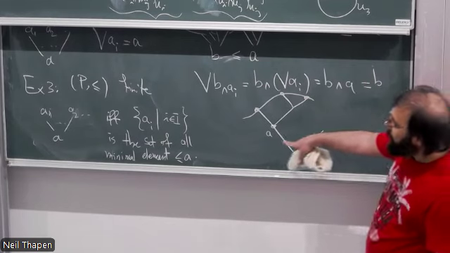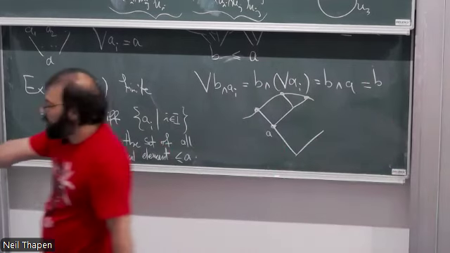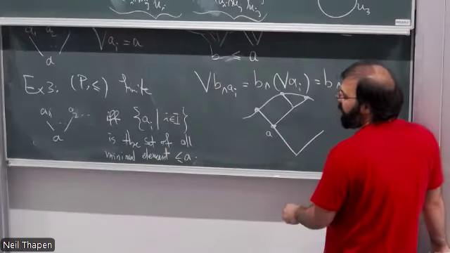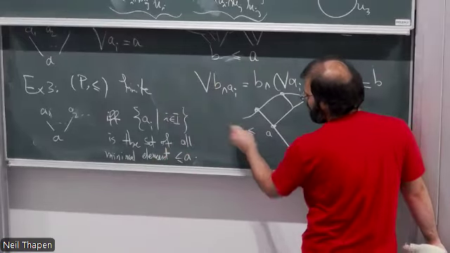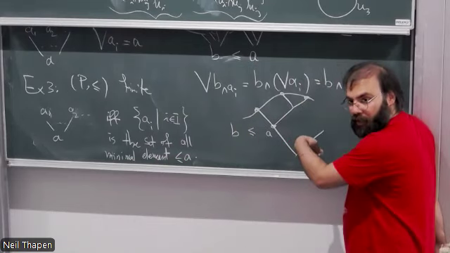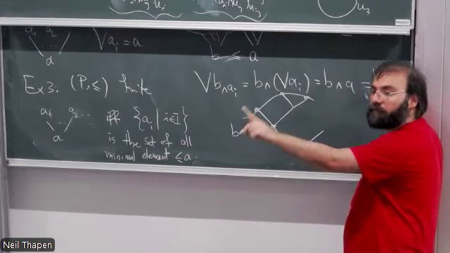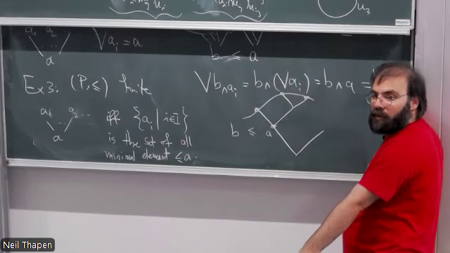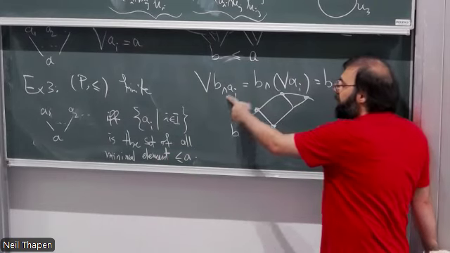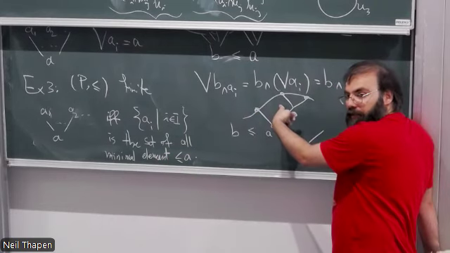So is it really covering? I have to check this condition. Let's see. The point is that I have A, the cover, and I have B, and I have to come up with a cover over B, but there is just one cover over B, the cover of all minimal elements. So I have to check that if I have a minimal element here, it is less than a minimal element there.